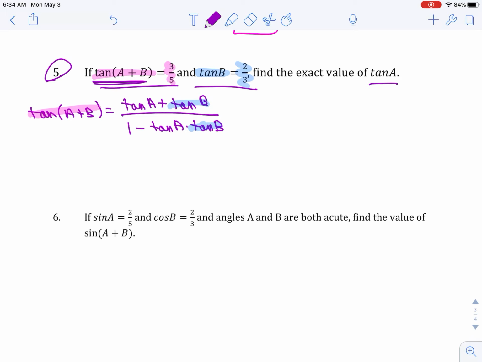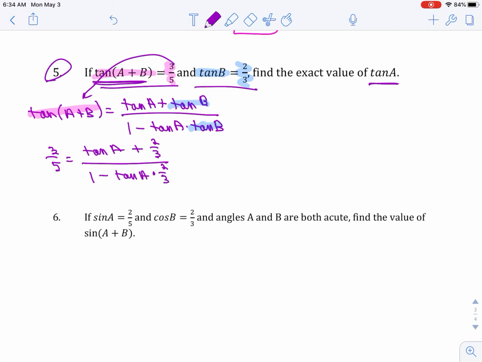So on this side, in for tangent of a plus b, I'm going to sub in 3/5. So I'm going to end up with 3/5 equals, and then I have tangent of a, and notice that's what they're asking us to find, so that's still our unknown, plus the tangent of b, which is 2/3, and then over 1 minus the tangent of a times 2/3.